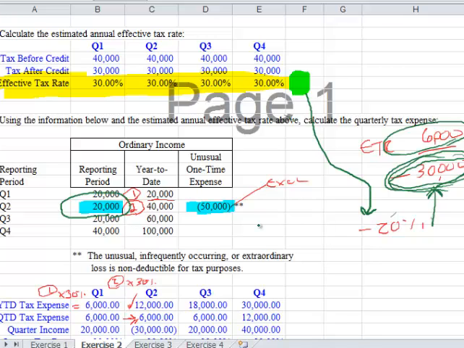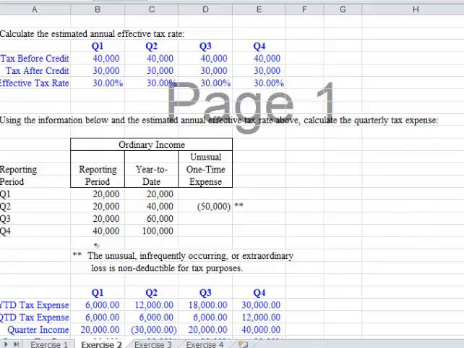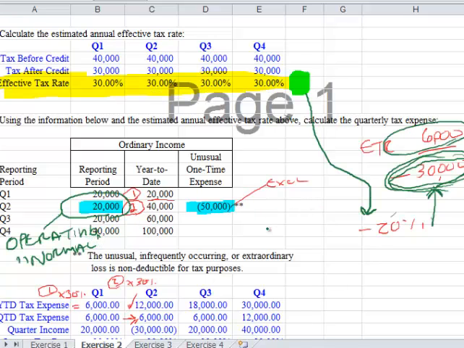So 20,000 is operating and what I'll call normal income. Okay? And 50,000 is something you're not able to deduct for income tax purposes.